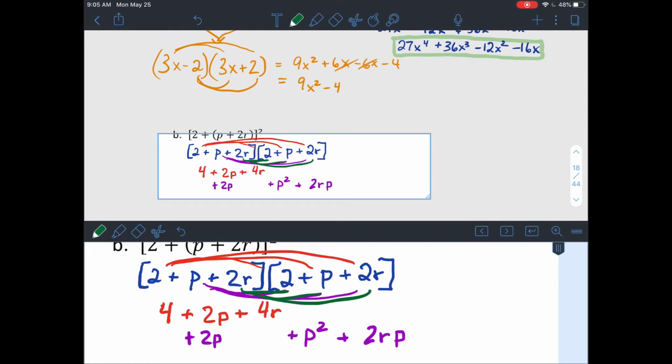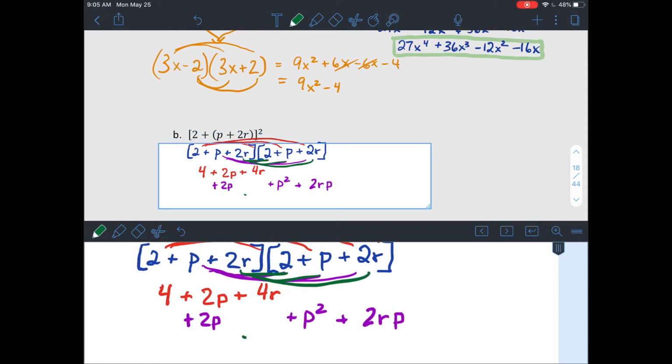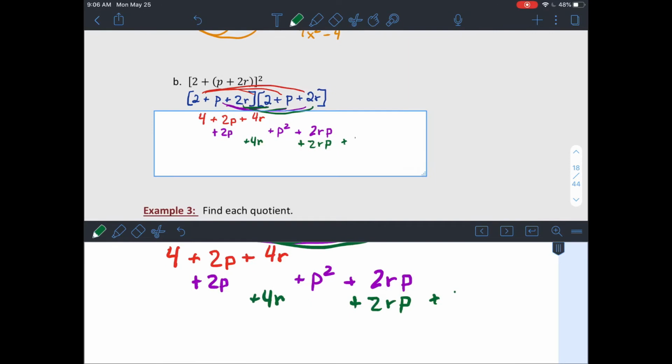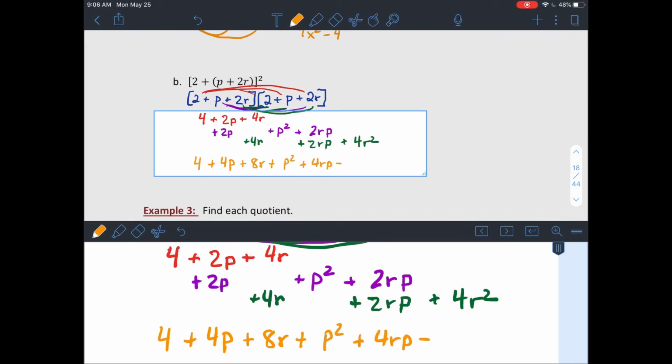And then my last one, 2r times all of that, is going to give me another 4r, another 2rp, and a 4r squared. Okay, you don't have to line them up like that if you don't like to, but I just kind of like to line them up. Adding my like terms together, I'm going to come up with this funky long expression that has 6 terms in it. But that's it.